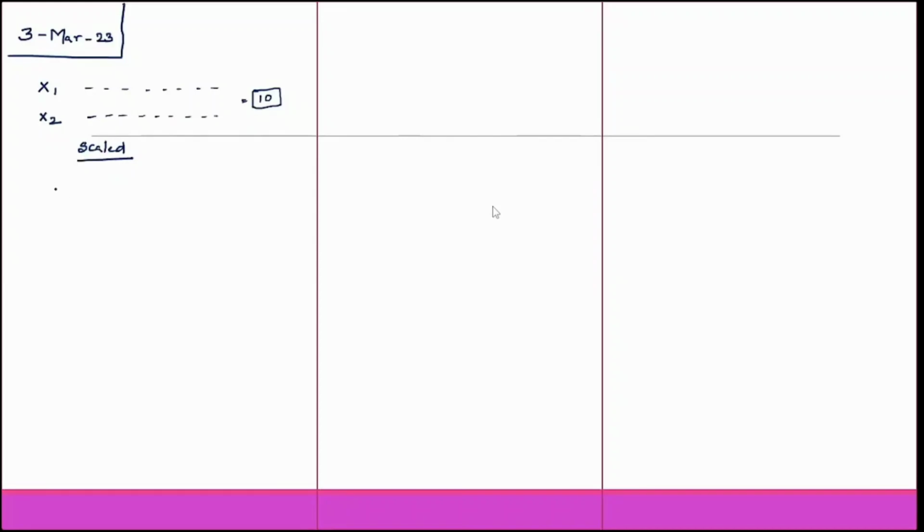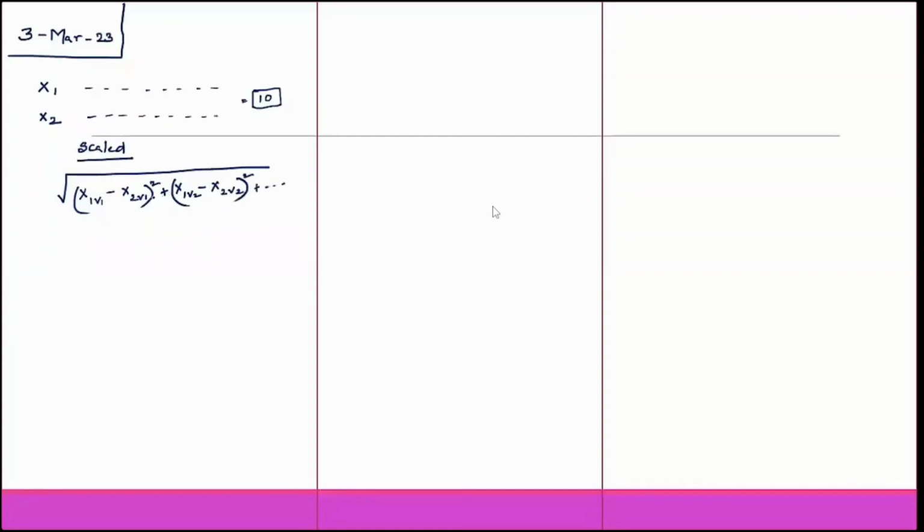So when I'm looking at, let's say, Euclidean distance, probably it's like x1 variable 1 minus x2 variable 1 squared, plus x1 variable 2 minus x2 variable 2 squared, plus and so on.